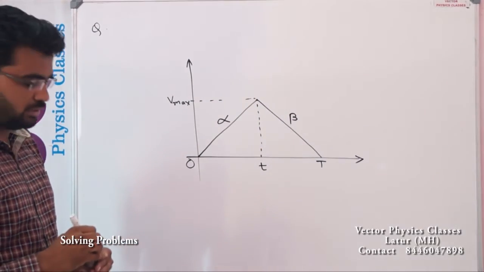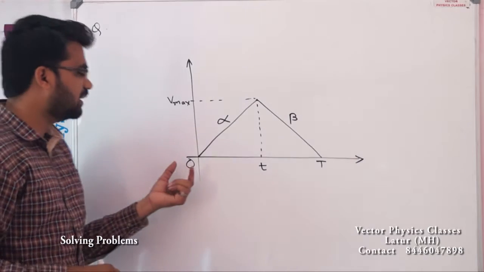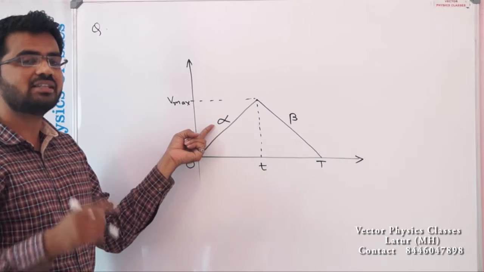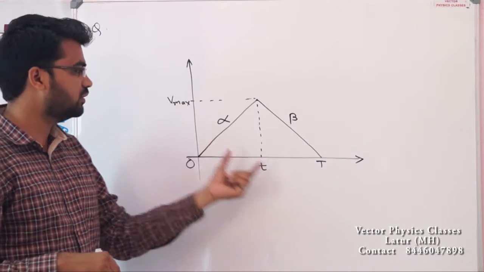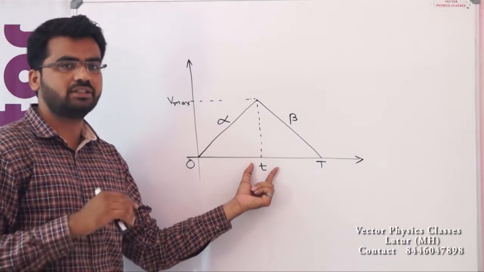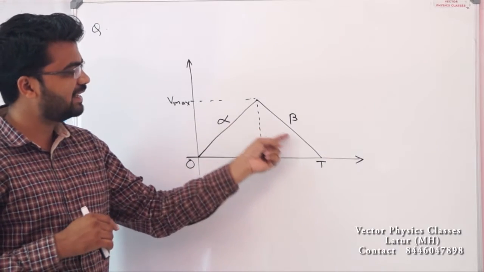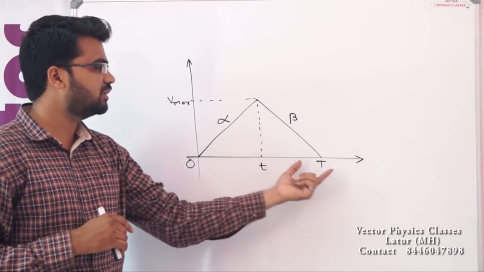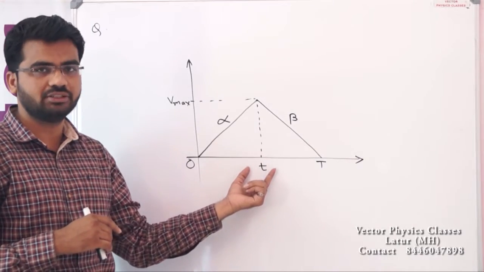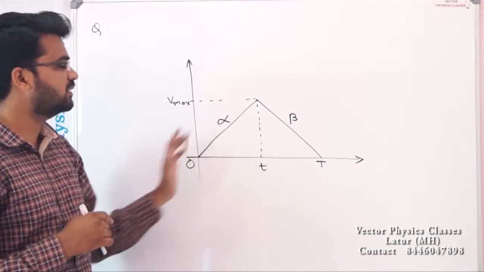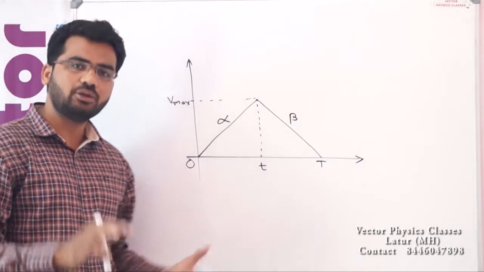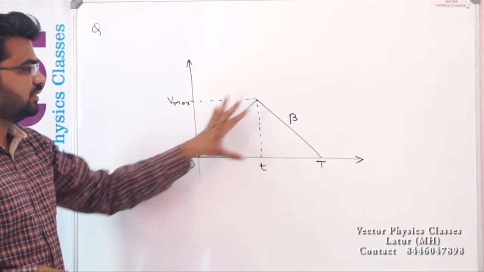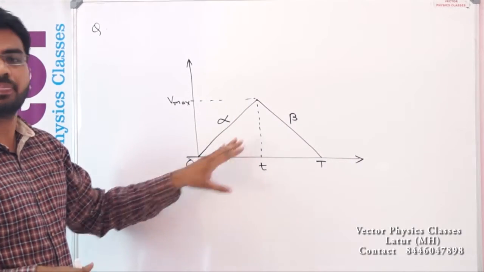So the question says if the car accelerates with an acceleration alpha starting from rest for a time interval small t, and then again it decelerates with a deceleration beta for the time interval capital T minus small t. Total time elapsed in this is capital T. You have to find the maximum velocity and the distance covered by the car.